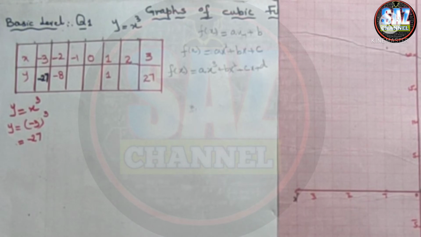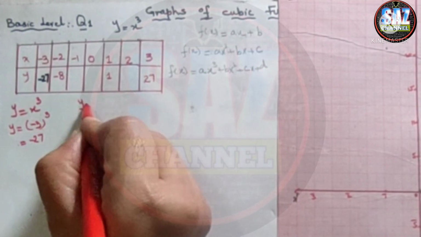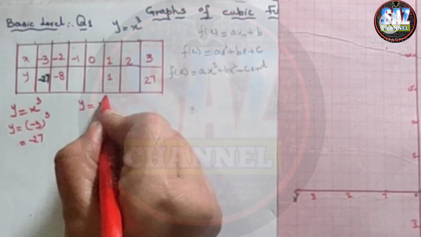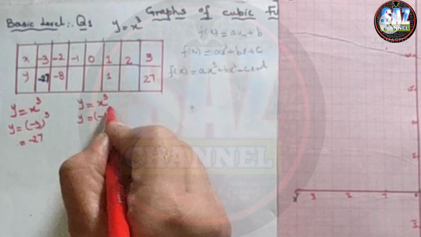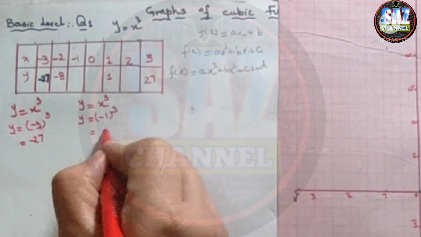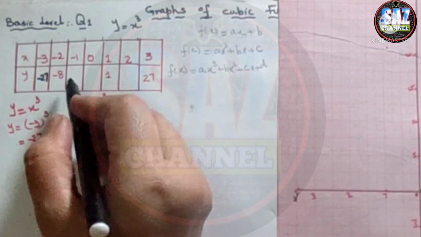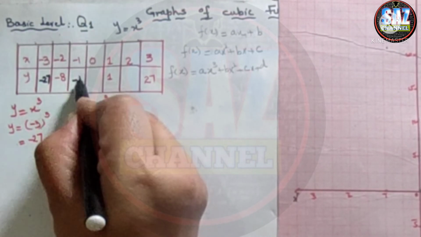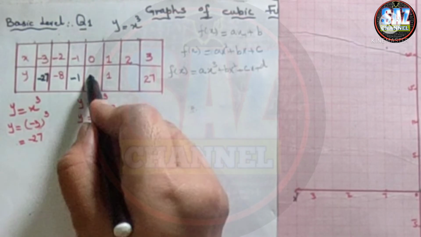And when x value is -1, y equals x cube, y equals -1 cube, and this is -1. So for x equals -1, y is -1. For x equals 0, y will be 0.